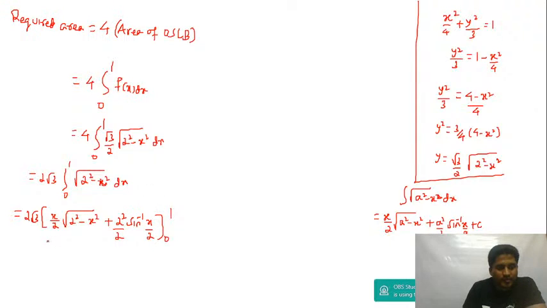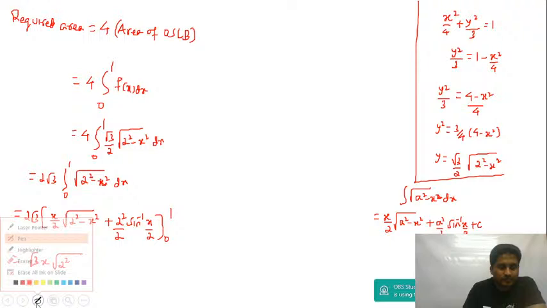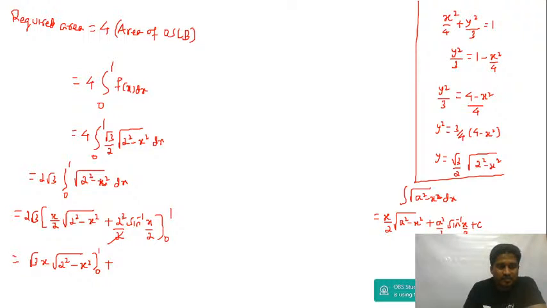Right, if I open the bracket, root 3 is a constant, 2 and 2 cancel, x into root of 2 square minus x square between the limits 0 to 1. This 2 will cancel with the square. If you multiply, you get 4 root 3, and then you get sine inverse of x by 2 between the limits 0 to 1.